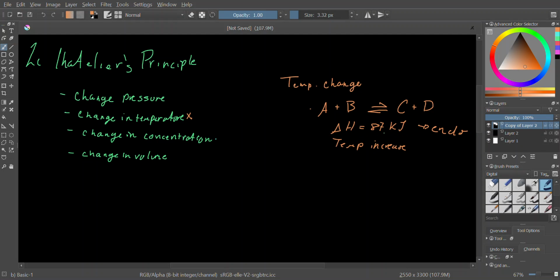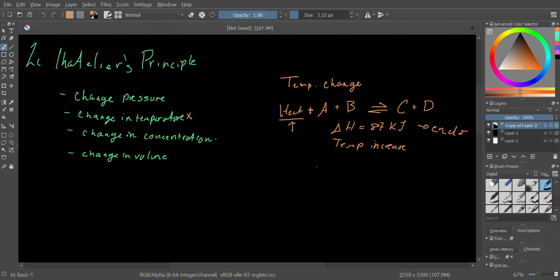So yeah, this is positive, so it's an endothermic reaction, correct? And since our temperature is increasing, and an endothermic reaction means that we can say that heat is a reactant, and we're increasing our heat, right?